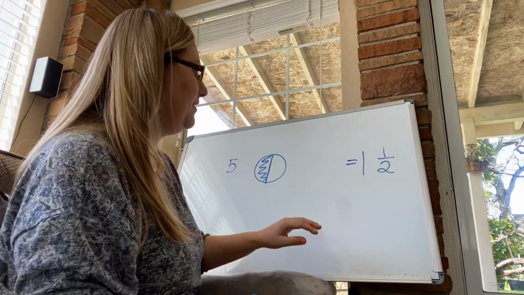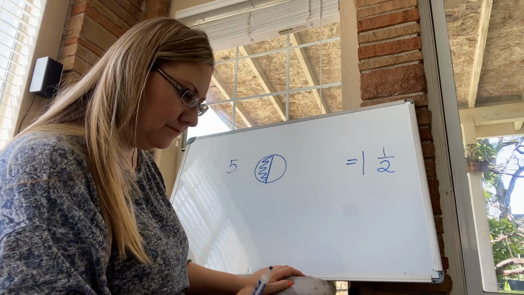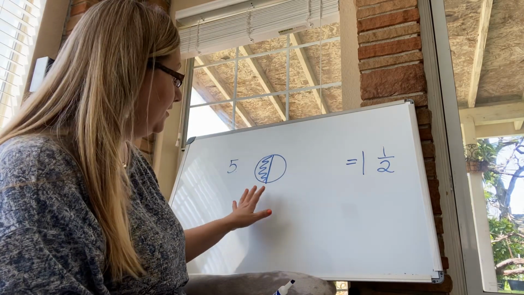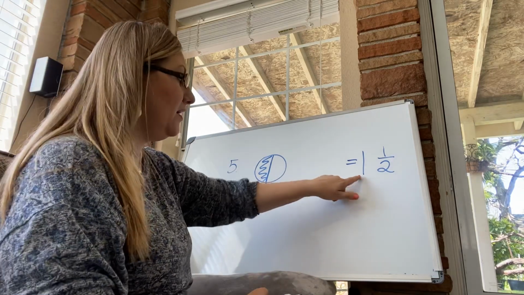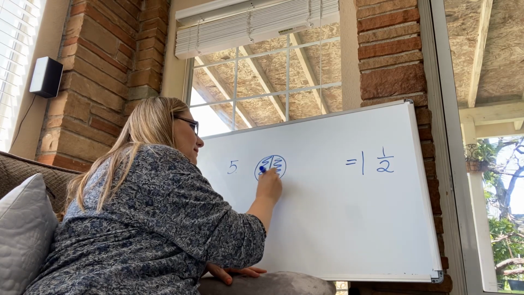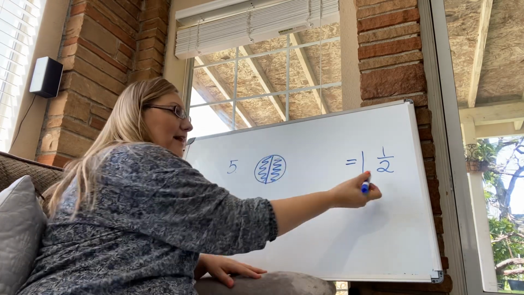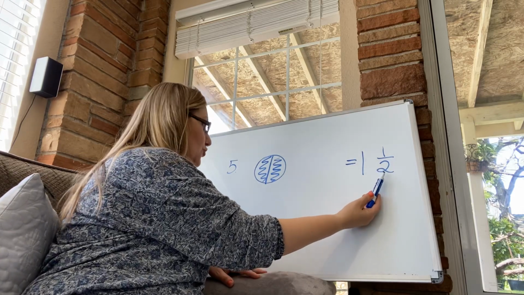Well, we need something that is, first of all, we have the 1 here. So the 1 is represented by the whole. It's cut in halves because the denominator is 2.